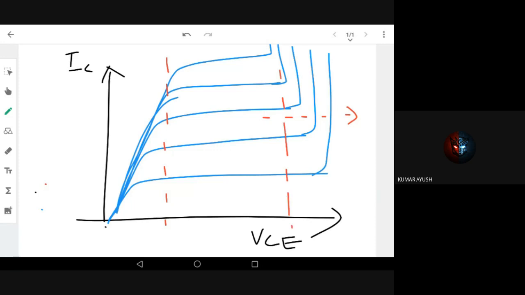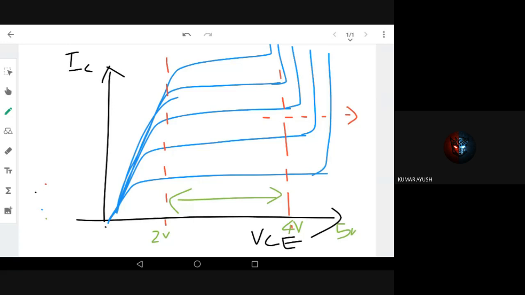Maybe this is 2 volt and this is 4 volt, with a maximum voltage of 5 volt. So between 2 and 4 volt, my output voltage can appear at any point. This is the swing where my output can swing.